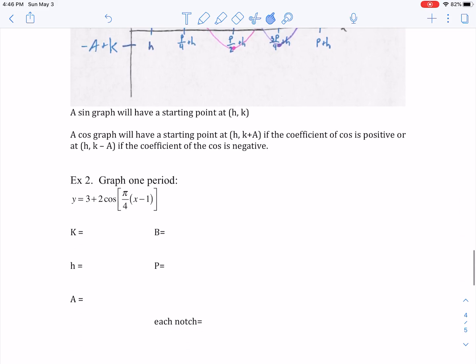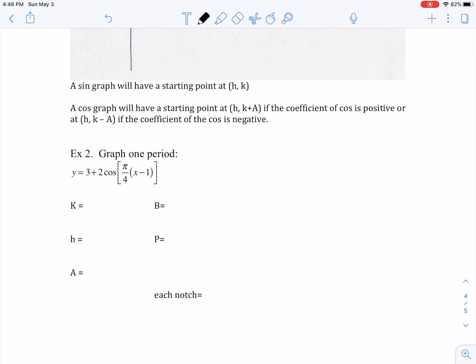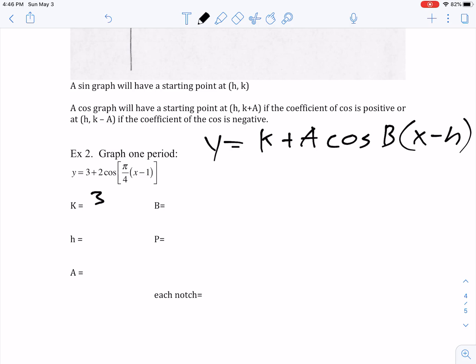All right, taking a look at this one. We are looking at y equals our k plus our a cosine of b times x minus h. Okay, and we're going to fill everything in here. Okay, our k is 3, our h is 1, our amplitude is 2, our b is pi over 4.